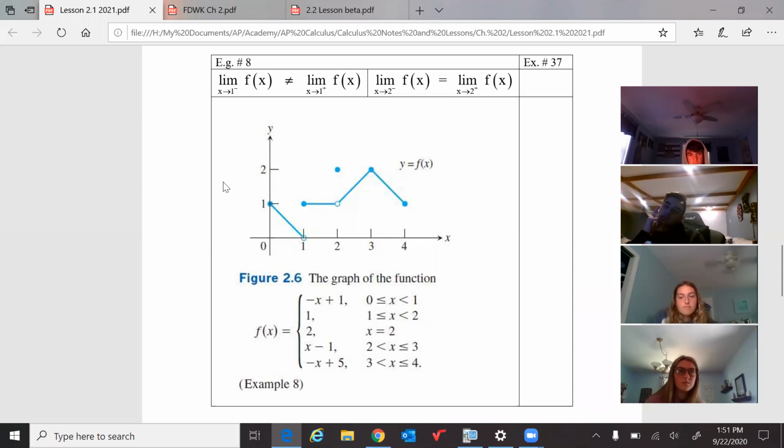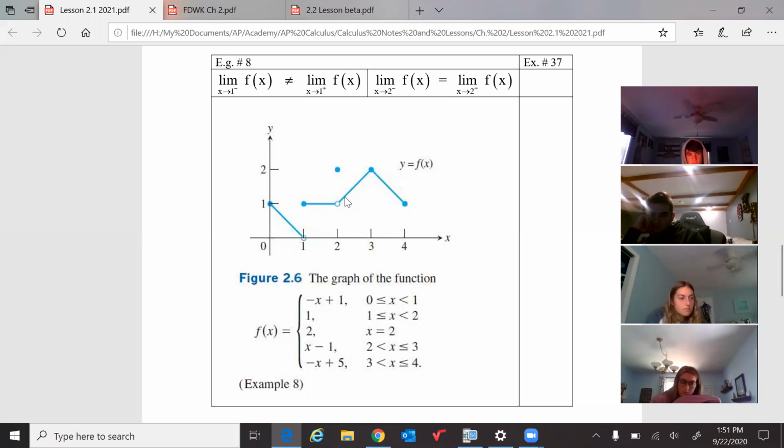So the reason we went here to example 8 is because this picture is so helpful. You have 3 different things happening at 1, 2, and 3. At 1, the limits are not equal. The limit from the right equals the value of the function, but the limits aren't equal.